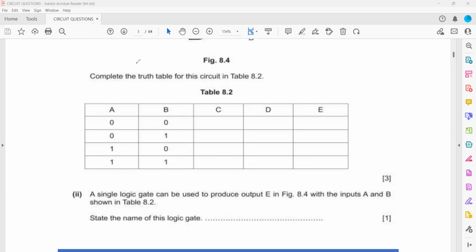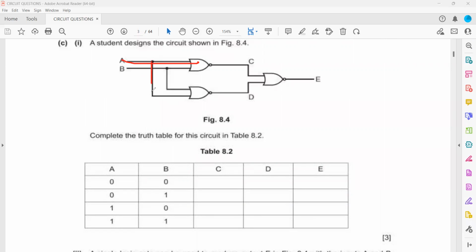A is going to the first, A is going to the second. B is going to the first, B is going to the second. So when we work out, the final answer will be 0, 1, 1, and 1.